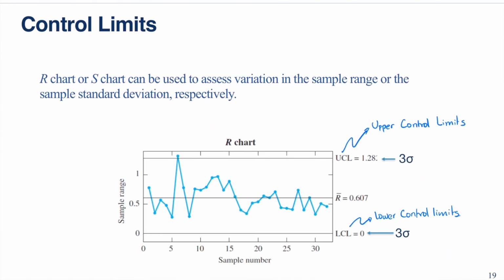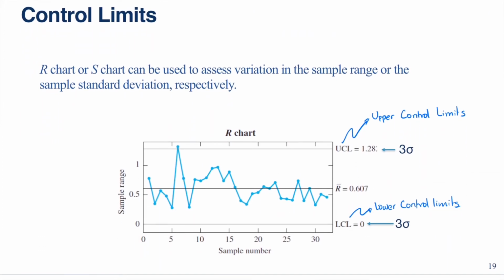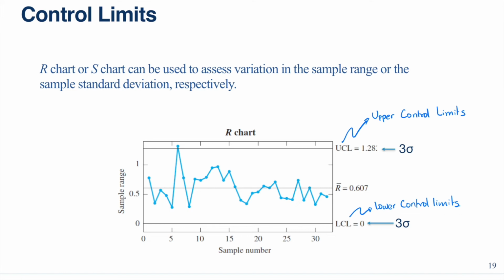Now, how do we define the control limits? Let's say that we have the R chart. We have on this axis the sample number, from 0 to 33 samples, and for each one of the samples we plot the value of the range.